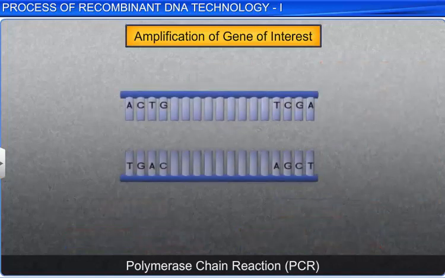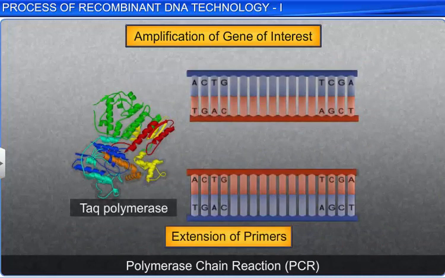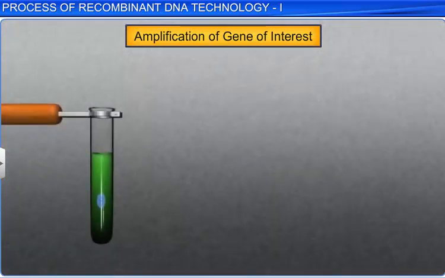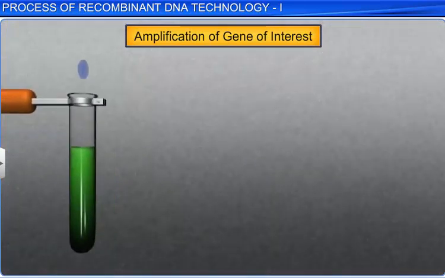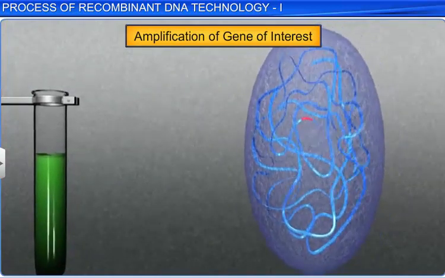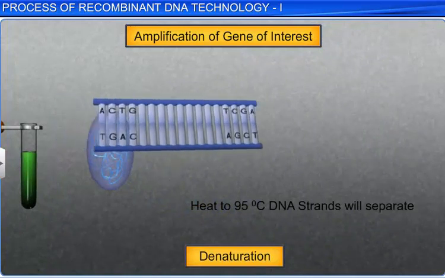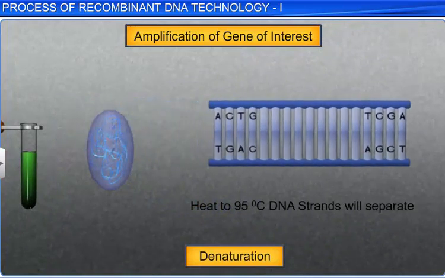PCR has 3 steps: denaturation, primer annealing, and extension of primers. In the first step, the isolated or extracted target DNA segment to be amplified is heated to 95 degrees centigrade for denaturation. This leads to the separation of 2 single strands.